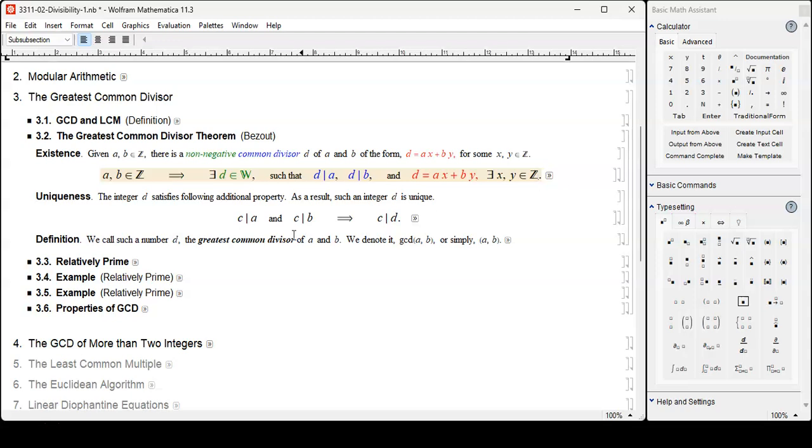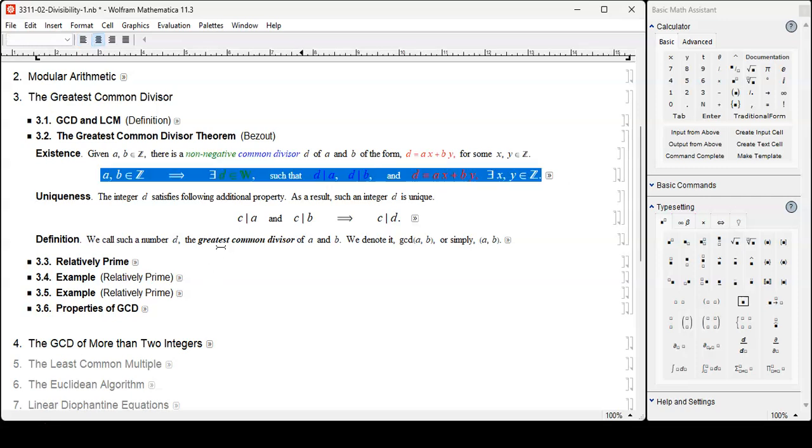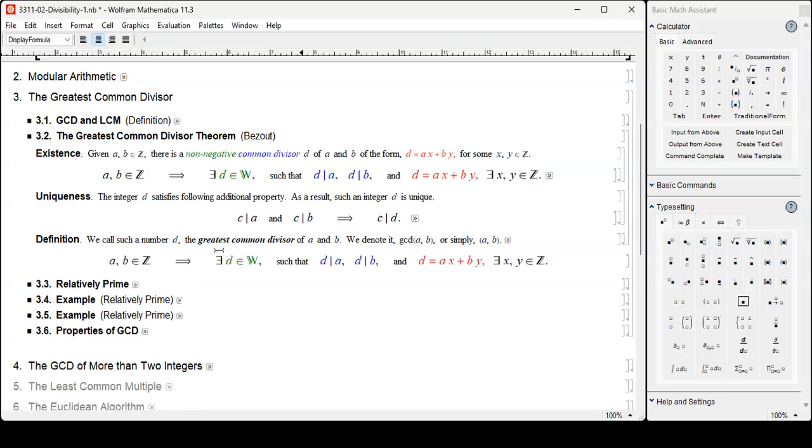Now let's go to the next step. The existence we took for granted and postponed the proof. The uniqueness, we're going to prove it. Such an integer D exists, but not only that, it exists uniquely. What do you mean by that?